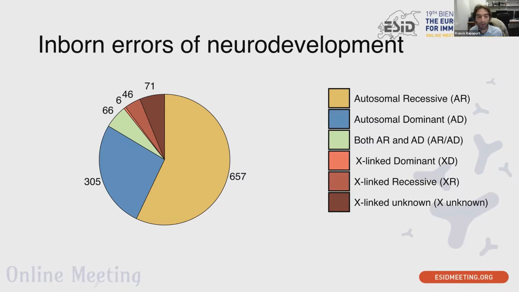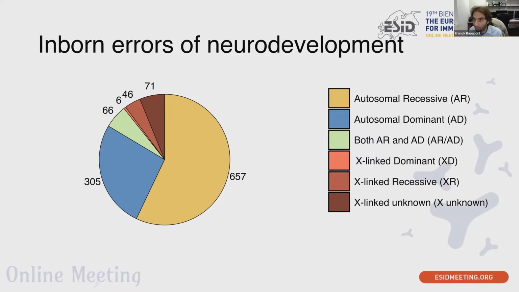There are more than 1,000 genes. Like for inborn errors of immunity, most of them underlie autosomal recessive inborn errors of neurodevelopment. A smaller number, a third or so, underlie autosomal dominant forms of the disease. A smaller number underlie genes that can underlie both recessive and dominant forms of the disease.